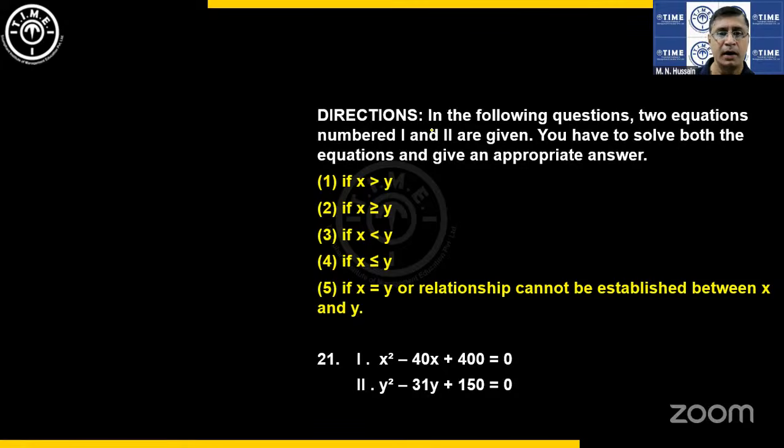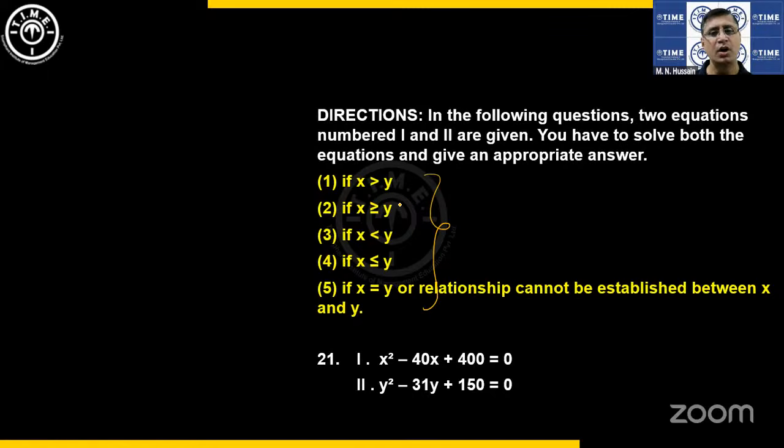Okay. Directions here. In the following questions, 2 equations numbered 1 and 2 are given. You have to solve both the equations and give an appropriate answer. Now look at the choices here. Mark choice 1 if x greater than y.